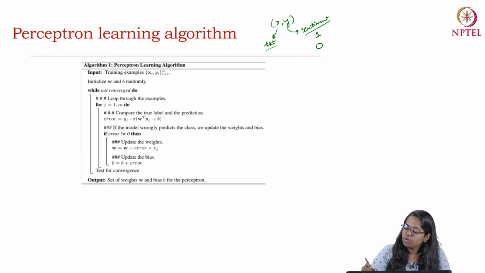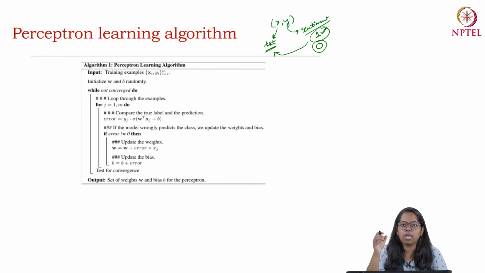So we want to modify the weights of the perceptron so that this classification happens correctly for most of the instances in our input. To do that, we modify the weights and bias of our perceptron so that the output moves closer to the desired output.